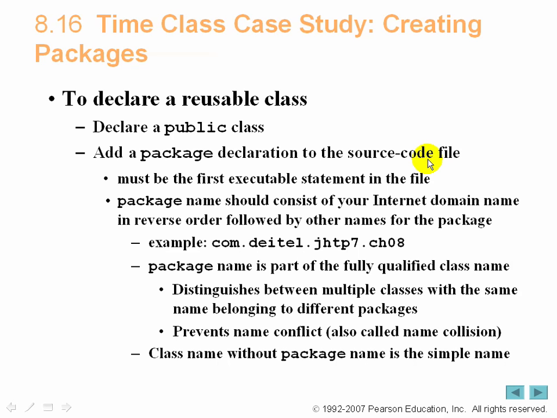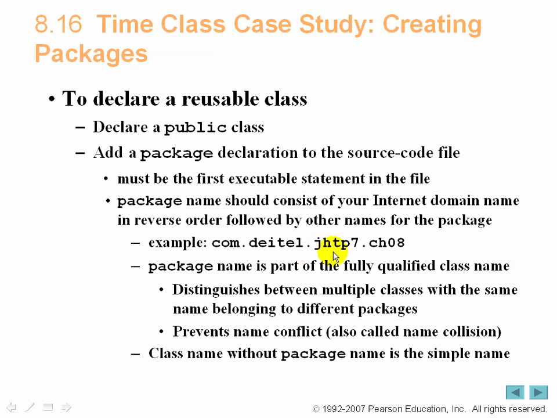So if everybody at least starts out by taking their institution's domain name and reversing it, that helps us to uniquely name our classes. So for us, when we create packages, we tend to start their names with com.deitel because our website's domain name is deitel.com. After the first two names there, it's really kind of up to you what you're going to use.